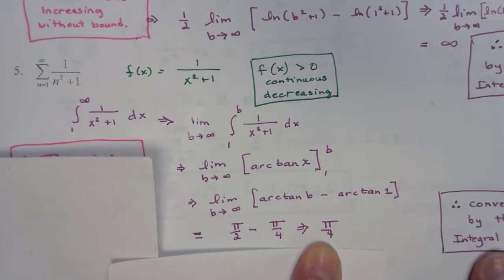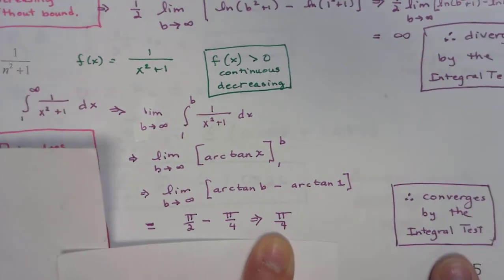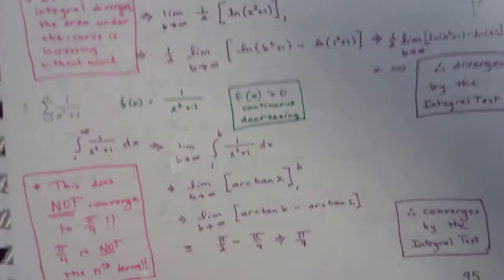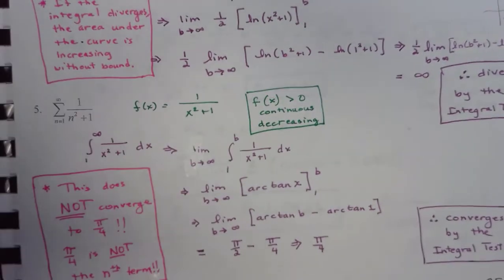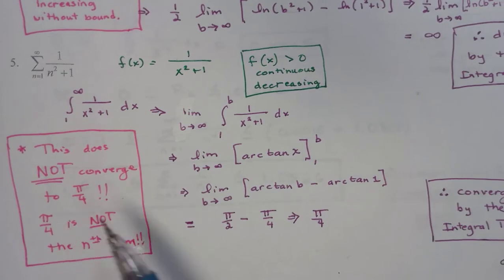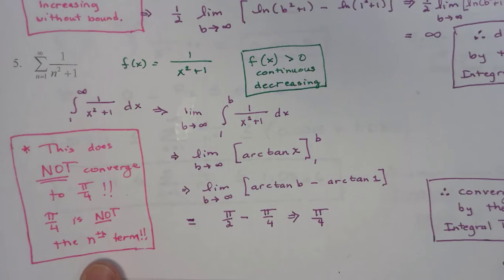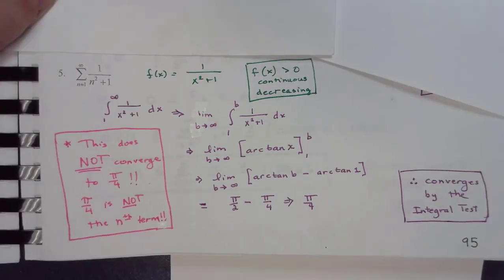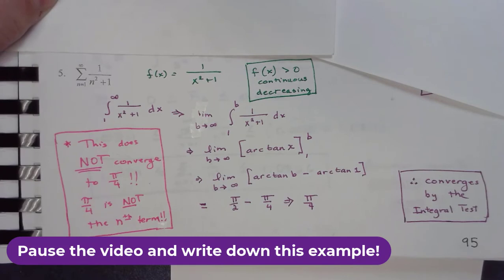So my series converges by the integral test because I have established a finite value. Now, important. This series does not converge to pi over 4. Pi over 4 is not the nth term. Okay, take a moment, pause the video, and write down this example.